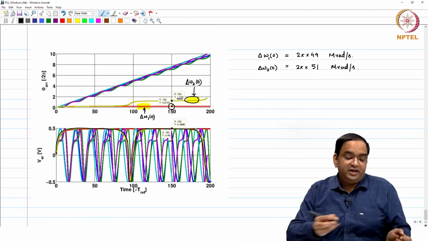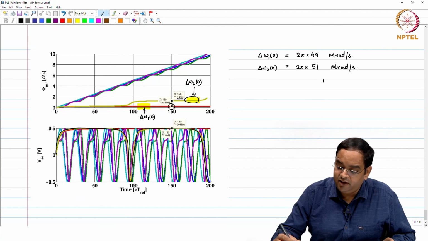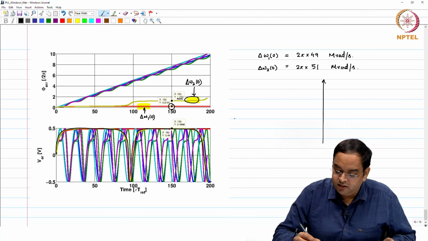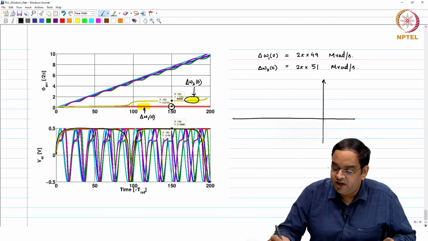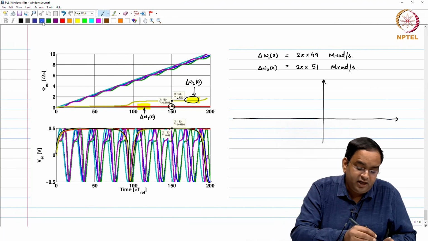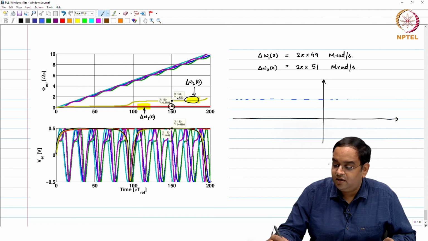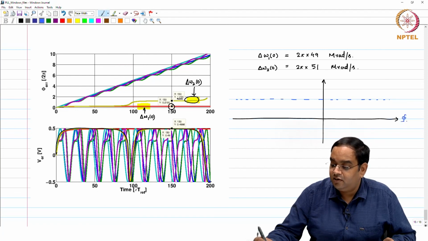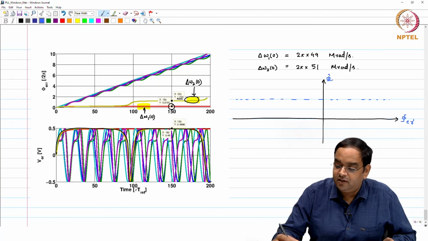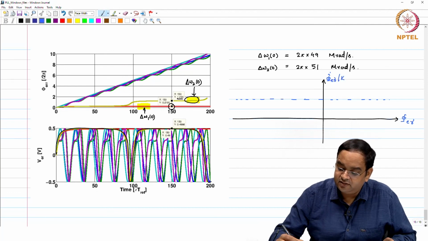You want to understand why there exists no solution. Well, you have already seen the other plot, where if delta omega 0 by k is greater than 1, then in that case you may see the same plot of phi error dot by k as something like this.